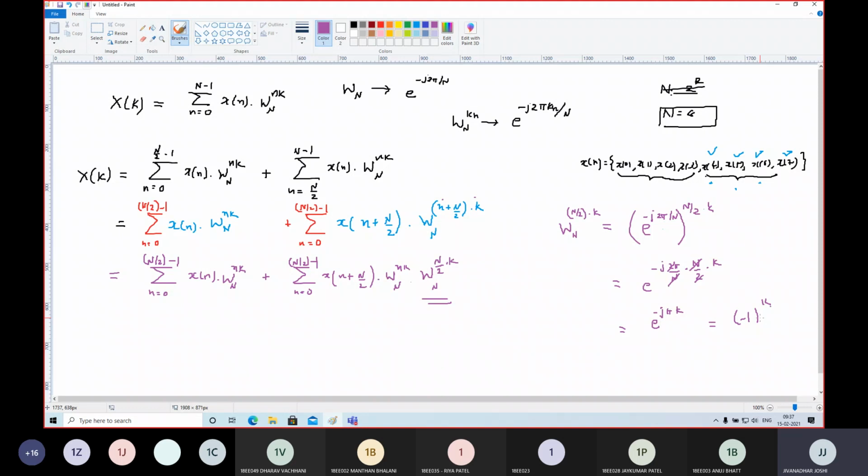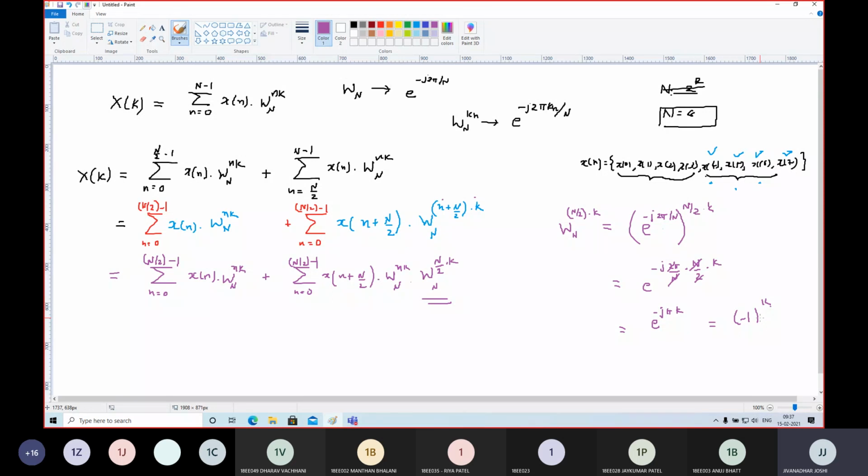Whereas for odd values of k like k equal to 1 or 3, I will have e raised to minus j pi only, meaning cos pi minus j sin pi. j sin pi is 0. Now think about cos pi. Cos pi means the cycle is halfway completed, and you know when a cosinusoidal cycle is halfway completed, its value is how much?